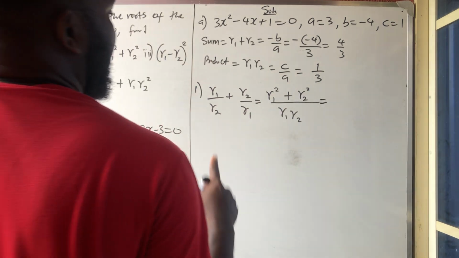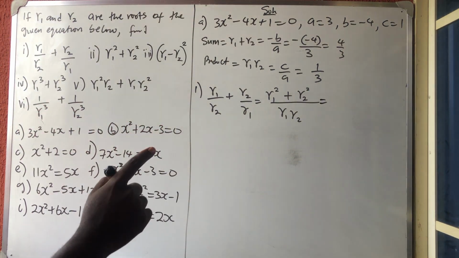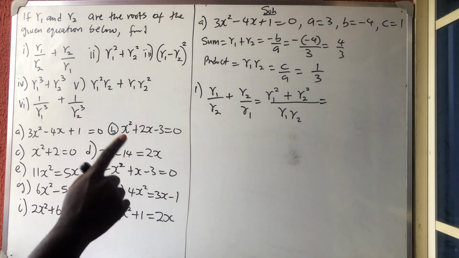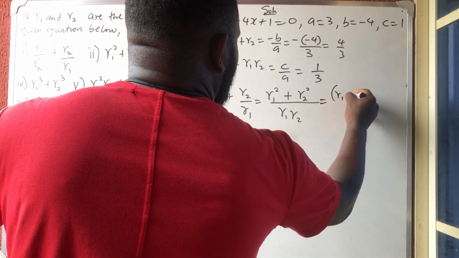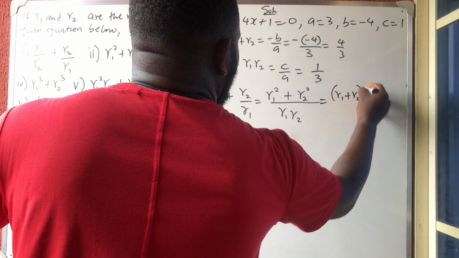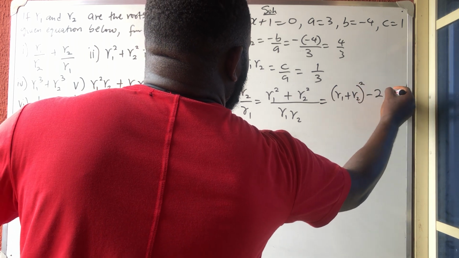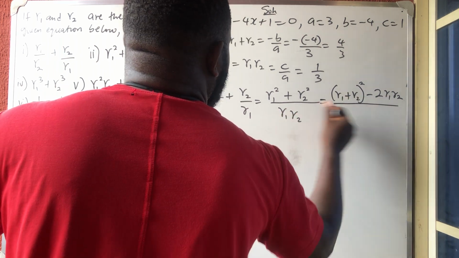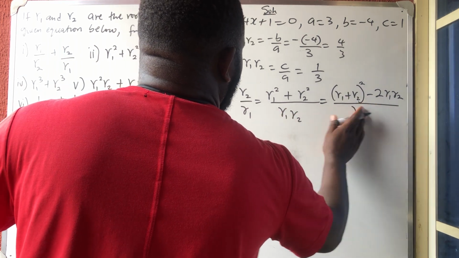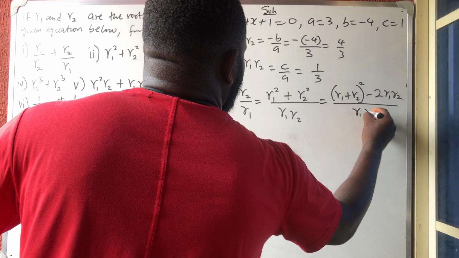Now r1 squared plus r2 squared is the same thing as alpha squared plus beta squared, and the formula is r1 plus r2 all squared minus 2 r1 r2, all over r1 r2.